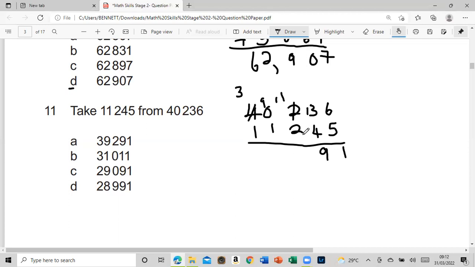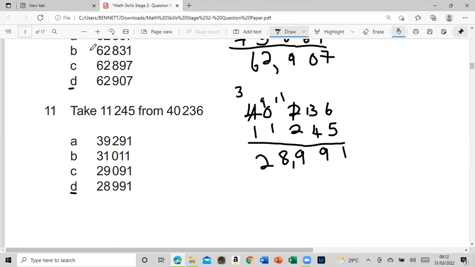So that's 2 from 10. 9. 1 from 9, leaves 8. And 1 from 3, leaves 2. So that should be 28,990. Alright, so guys, just in case, you can add it up. Just add this to this and see if I get this. If I get this, check it over.